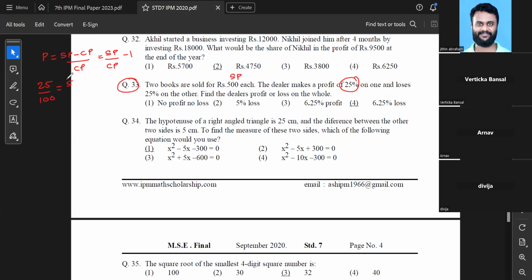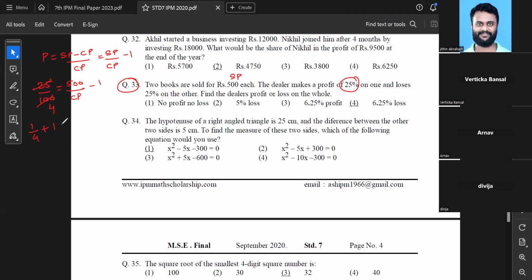Anyway, proceeding further, the selling price is 500, cost price I'm not aware, minus 1. From here, I'll be calculating the cost price. 25 ones are 25, fours are 100, so this is 1 by 4. I take minus 1 to the other side.